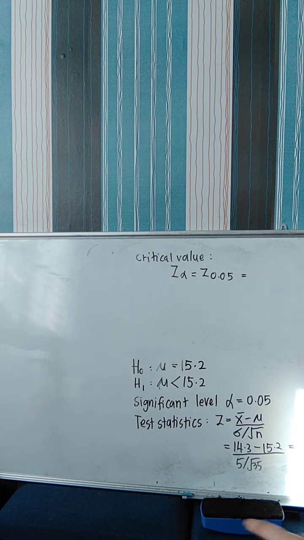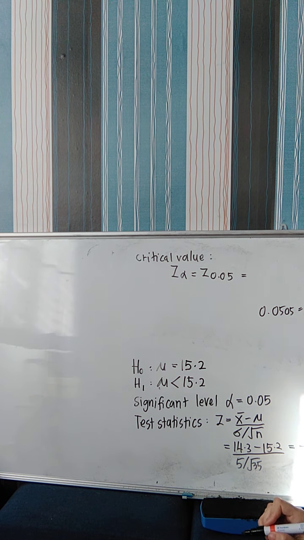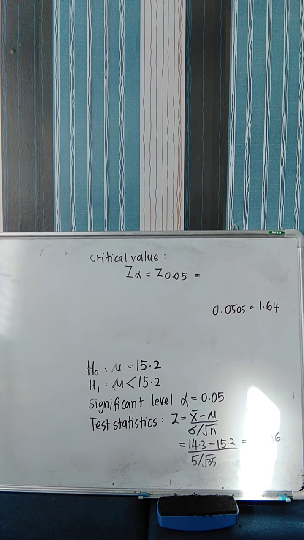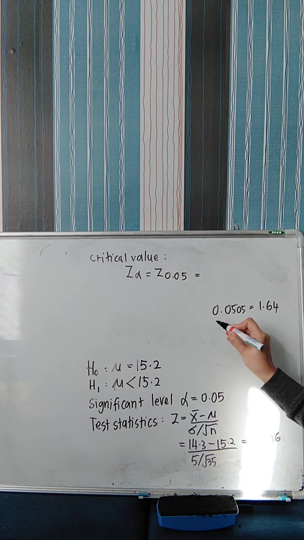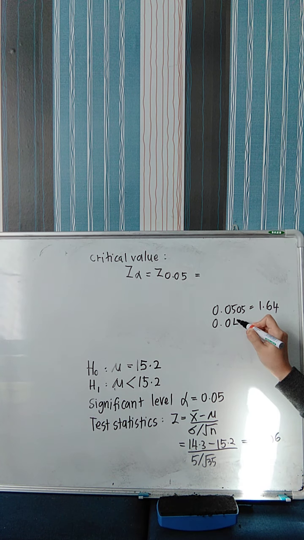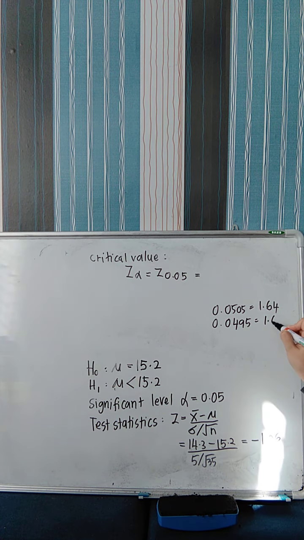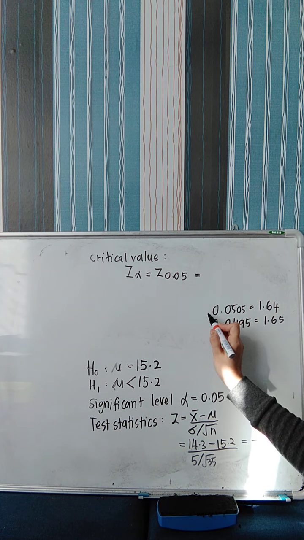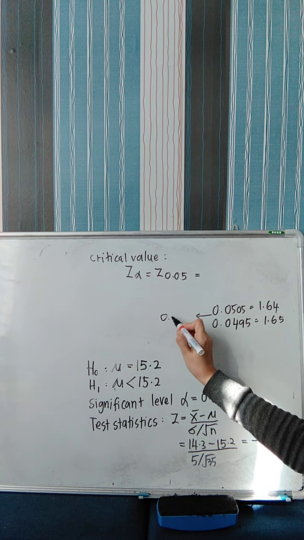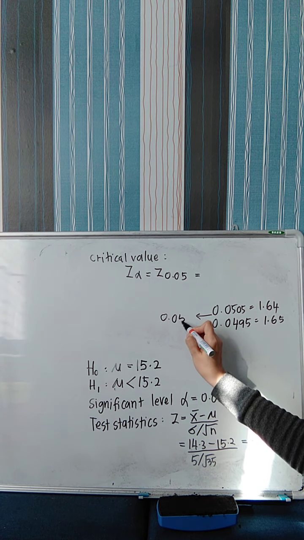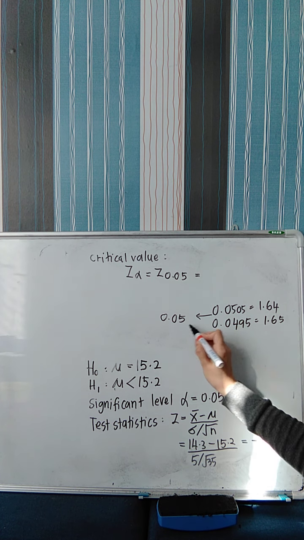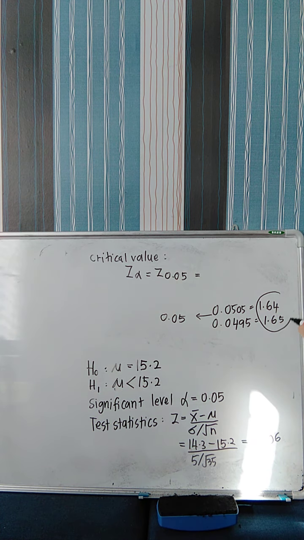Why? Because the two differences are the same. For 0.0505, the value is 1.64, and for 0.0495, the value is 1.65. These two values are approximate to 0.05. The difference is the same, so you must take these two values.